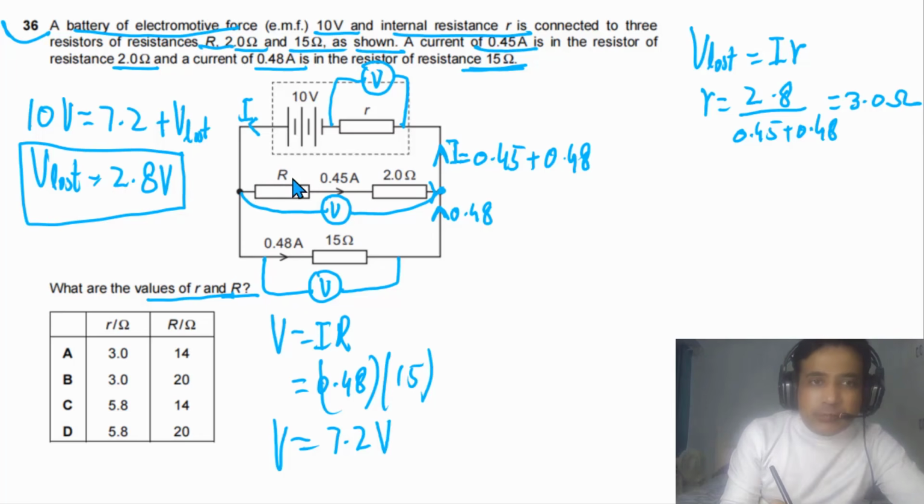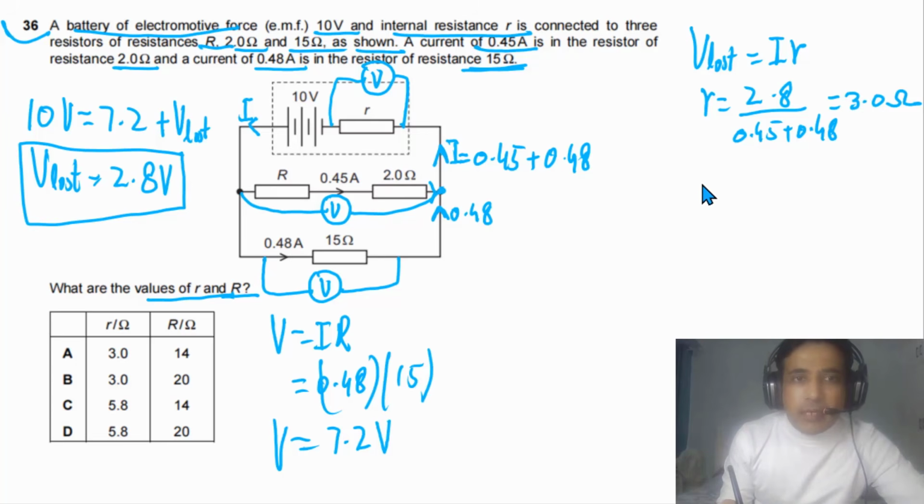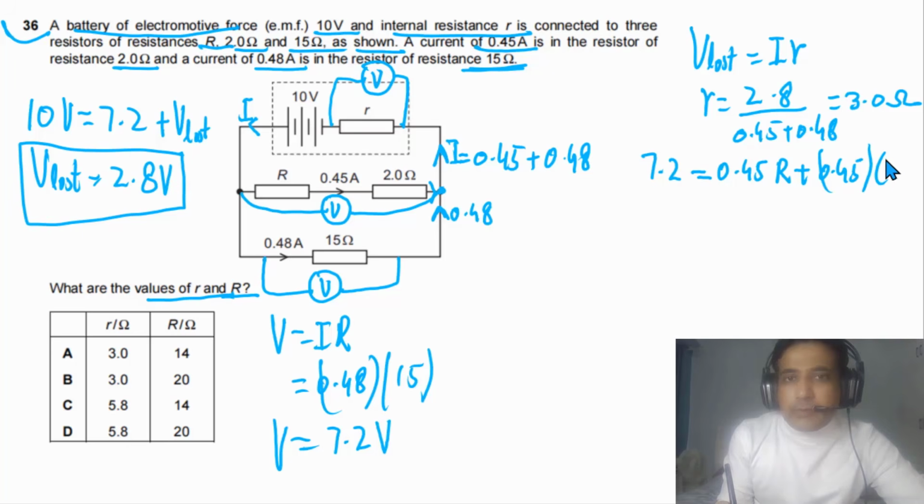Now we need to find out value of capital R. In order to calculate value of capital R, we can simply use PD across this branch. PD across this branch is equal to 7.2. So this is 7.2. And current passing through this resistor, that is equal to 0.45 times capital R plus 0.45 times 2.